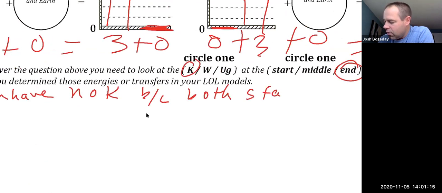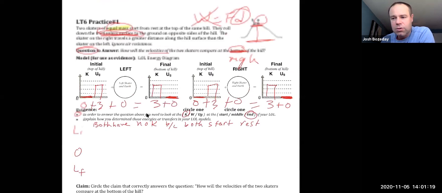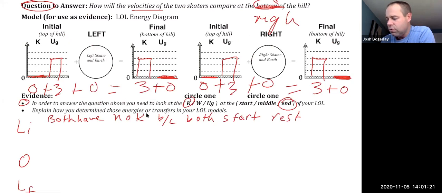Remember, the whole thing we're focusing on is comparing the two situations, the two objects. So the first thing we're doing is comparing this L to this L, and I'm going to start by comparing the kinetic energies. They're both 0 because they both start from rest.